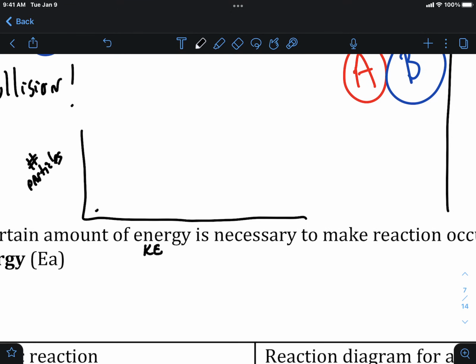And so in any distribution, there's going to be the minimum energy needed. So that red line represents the energy that is required for a successful reaction. By looking at this picture here, the vast majority do not have enough energy for a successful reaction.